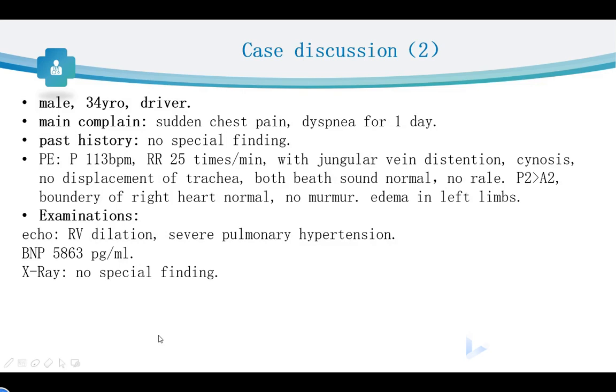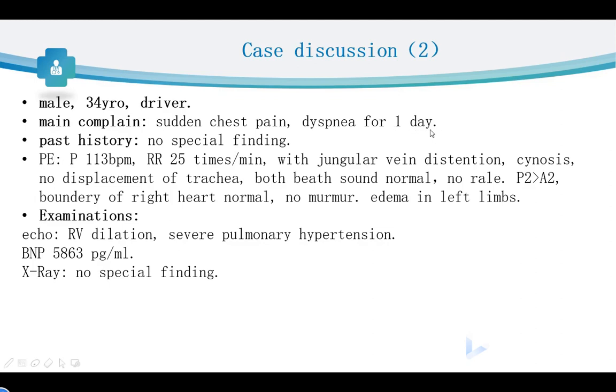Here is the second case. What's the initial diagnosis for this patient? A young man, right? With a sudden chest pain and dyspnea for only 1 day.